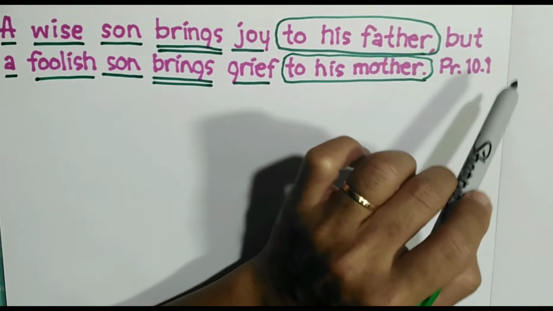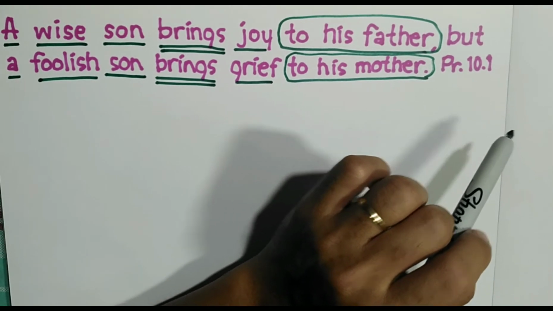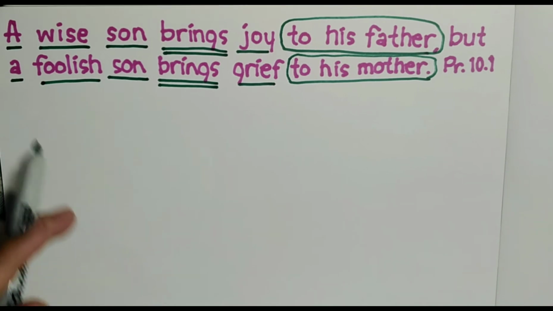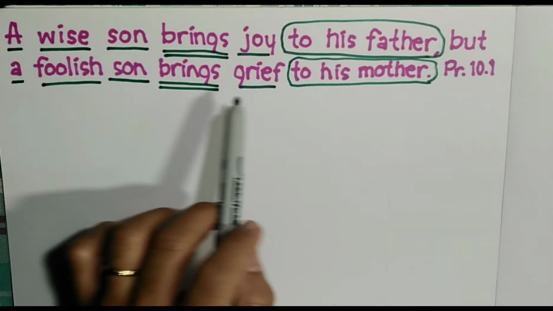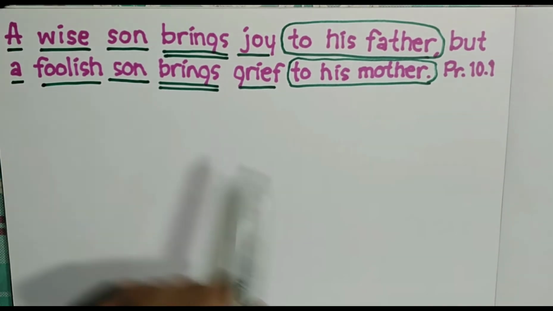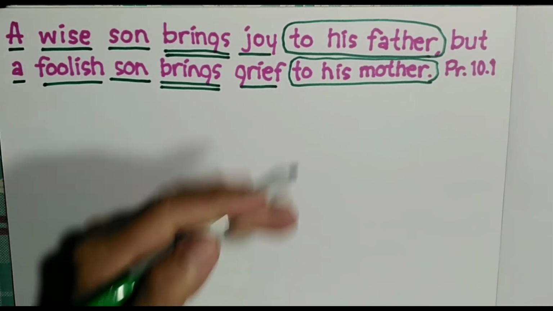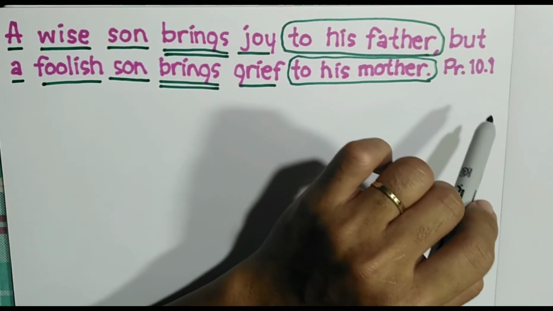But what kind of conjunction is the word but? If you notice, I intentionally wrote the two lines this way: a wise son brings joy to his father, but another line, a foolish son brings grief to his mother. It has the same amount, right? Now the word but there is a conjunction.